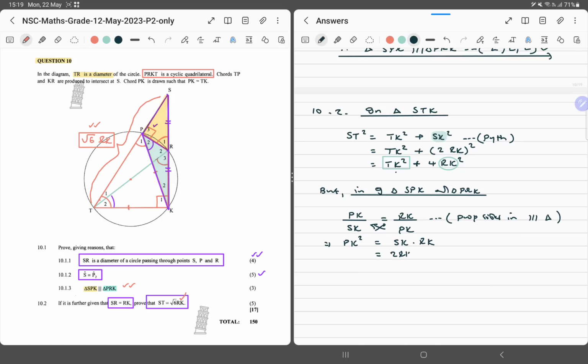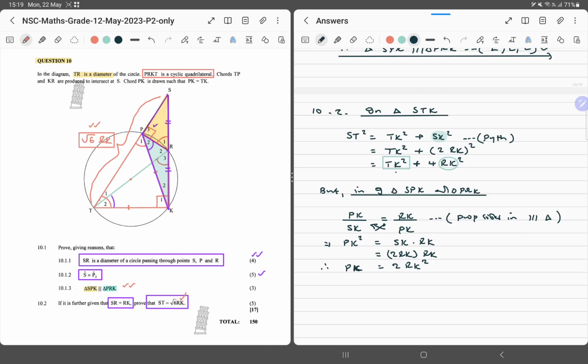This is 2RK times RK. Oh, this is going to be 2RK squared. Maybe let's do it like that so that it's nice and easy.